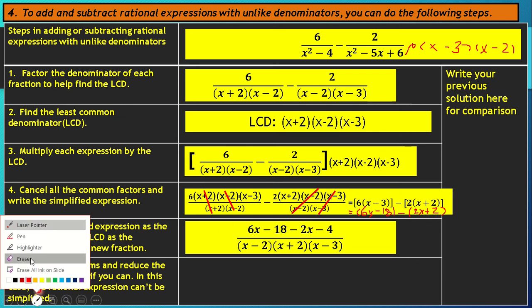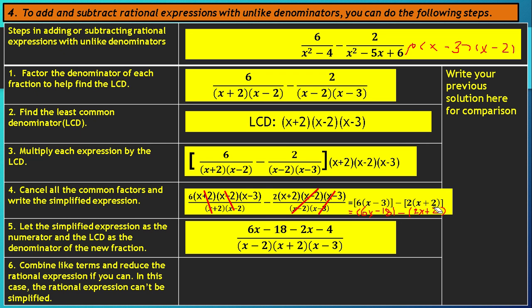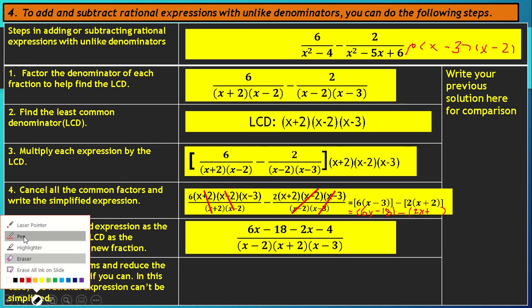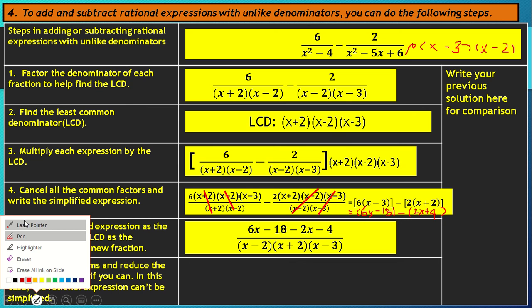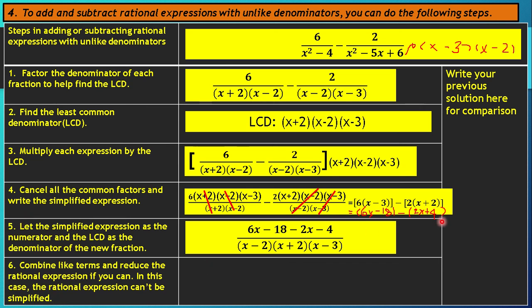Erase natin. 4 po ito, 4. Okay. Sorry. Next, itong positive 4, syempre, papalitan natin ng sign, magiging negative 4. Kaya ang numerator natin ay 6x minus 18 minus 2x minus 4 over the LCD.